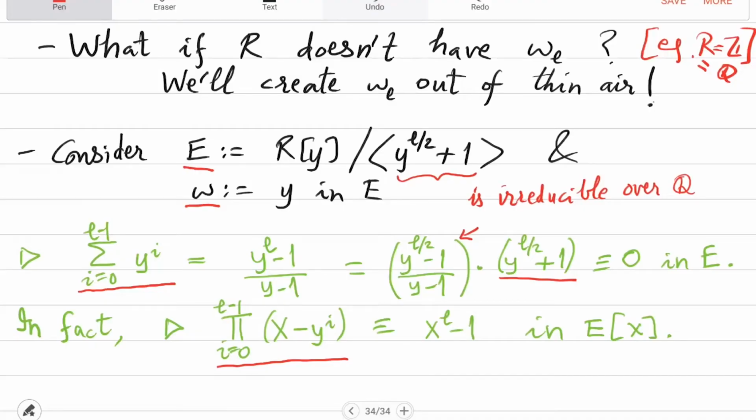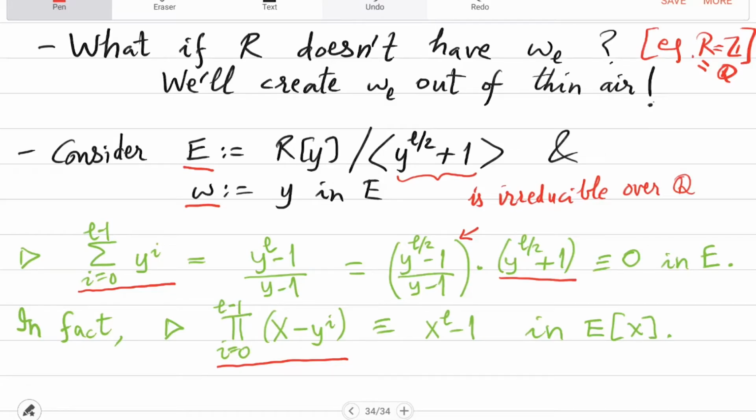The degree of x to the L minus 1 is only L, but over non-field rings you don't know how many roots a polynomial can have. So this intuitive feeling that every degree L polynomial has at most L roots is completely false. I don't want to go into those issues. Let us stay close to a field.